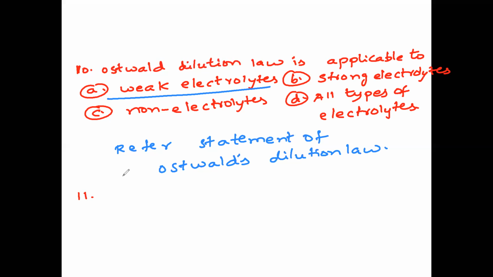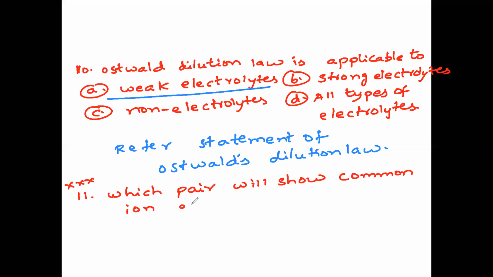Which pair will show common ion effect? Very, very important. Option A, silver nitrate plus potassium nitrate.